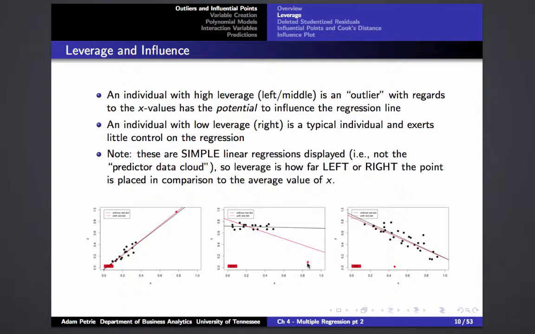This point over here has a very large leverage because with one predictor, our x data cloud is just basically a histogram of the values from 0 up to 0.5. So 0.8 is very far away from the average. This has a high leverage, and it's also very influential. It's not really in the direction where the stream was going.